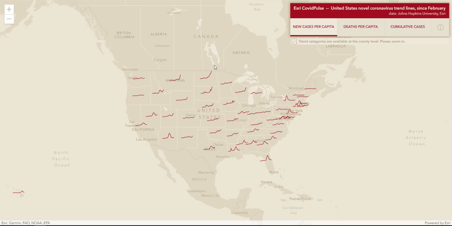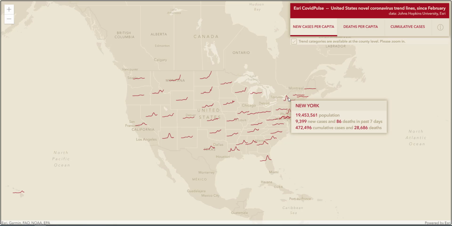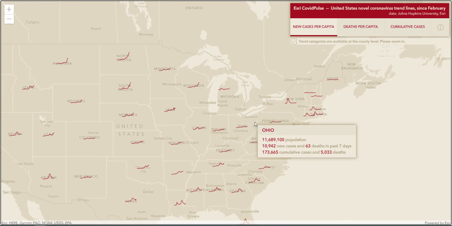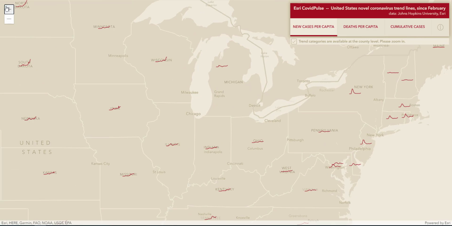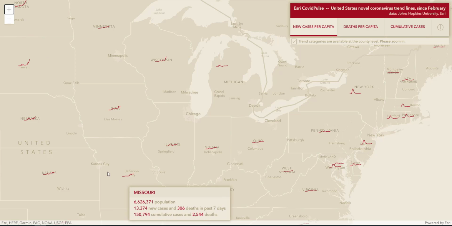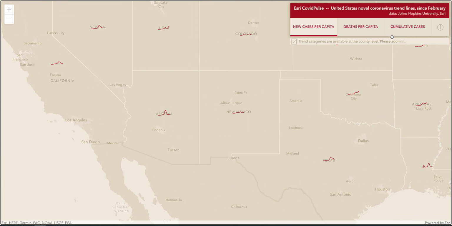Same thing with North Dakota. But then we also see areas where it's more of a plateau, right? Indiana's more of a plateau. Ohio's more of a plateau. Up here in New York, we had a big jump at first and then it dropped back down to a plateau. So you can click into it and get real friendly with the data, and even zoom in and understand your region, your per capita, what's happening there.